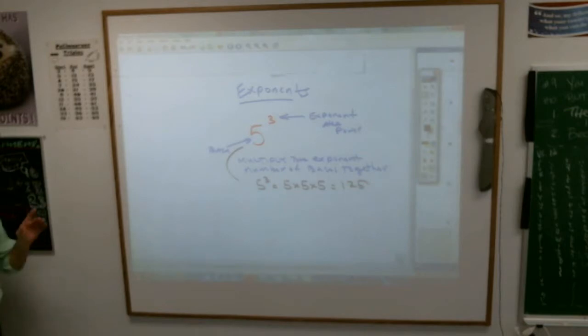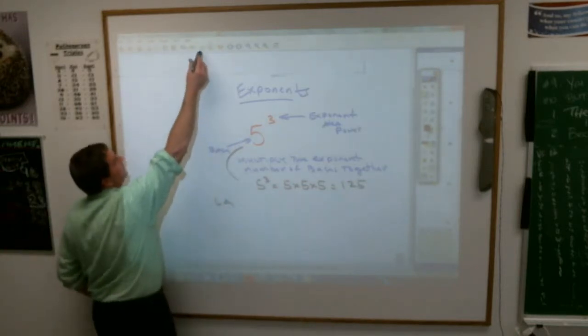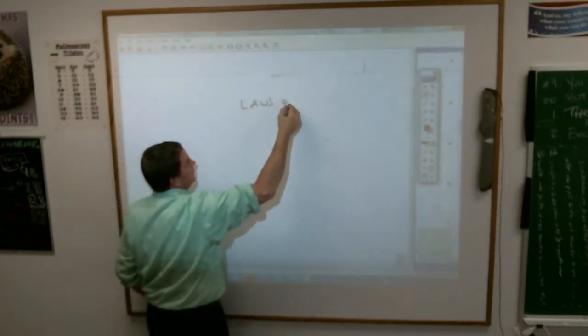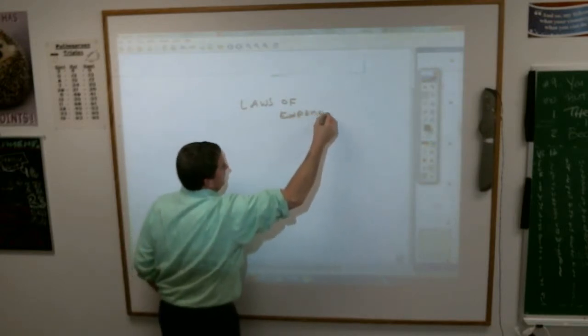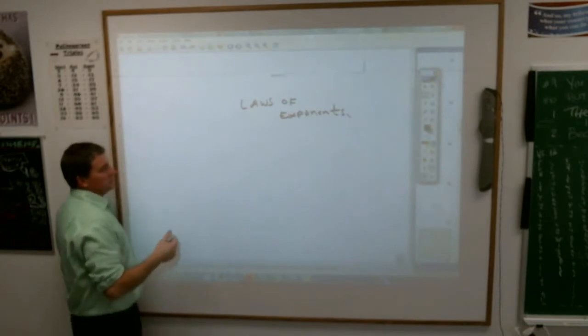Okay, now, here's what we're going to talk about. We're talking about the exponent rules, or the laws of exponents. I'm going to start a whole new page. The laws of exponents. Here are the 3 cases you're going to come across, and I'm going to use a letter.